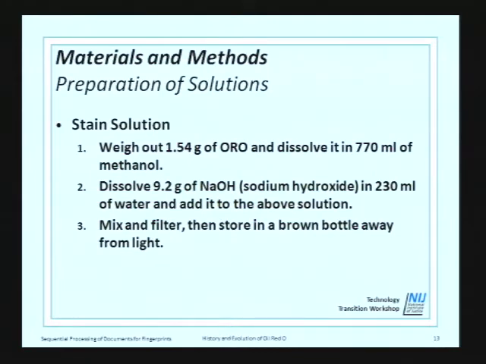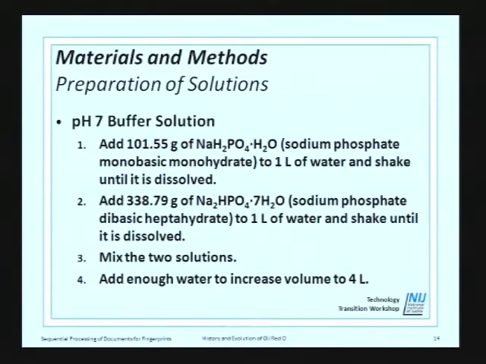And the water is really important because the Oil Red O is not soluble in water. Afterward, you got your buffer solution. The buffer solution is really to bring your pH back to pH 7, and that's pretty important also. I won't go through all the explanation about this because you're going to see it in the lab, but you got it in the slide.